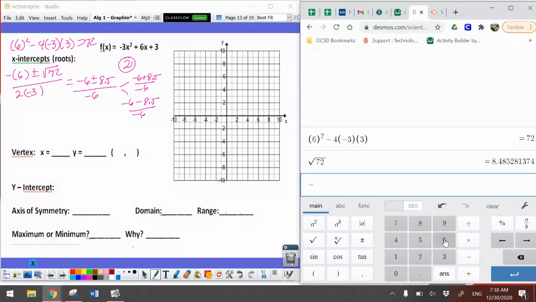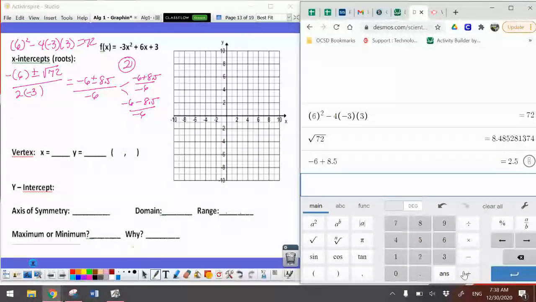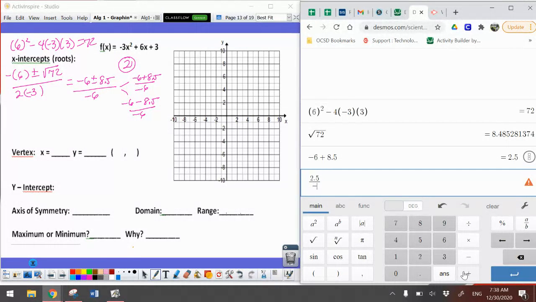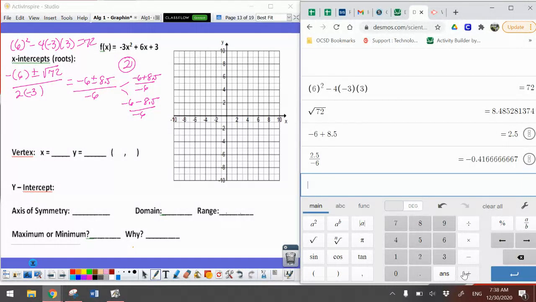So negative 6 plus 8.5, which is 2.5, divided by negative 6 is negative 4.2. Or excuse me, negative 0.42.